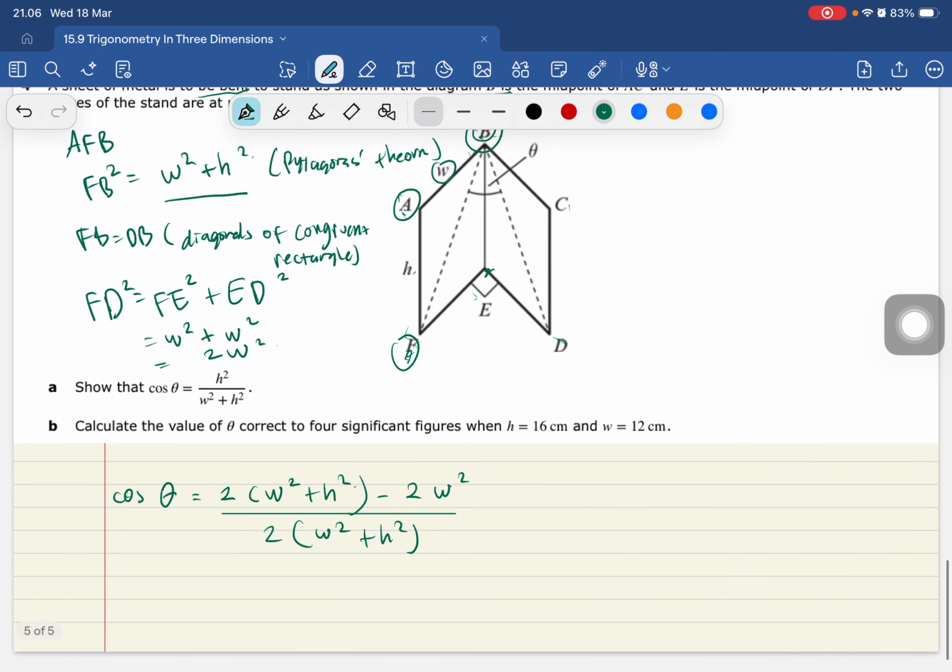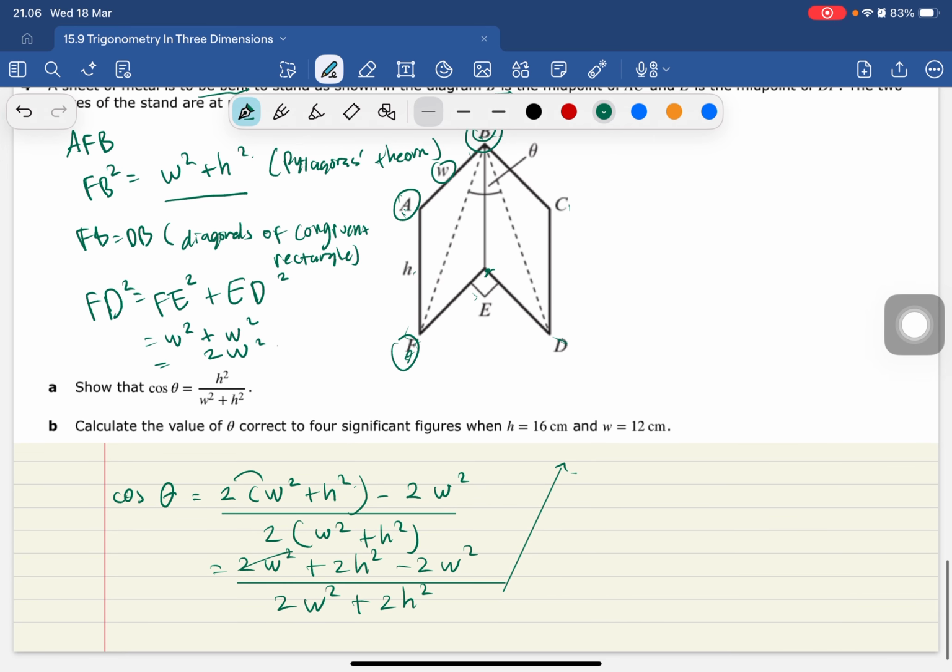Okay, we could simplify it here. So 2W square plus 2H square minus 2W square equals 2H square. So it's going to be 2H square over 2W square plus 2H square. We can simplify, divide by 2 also.